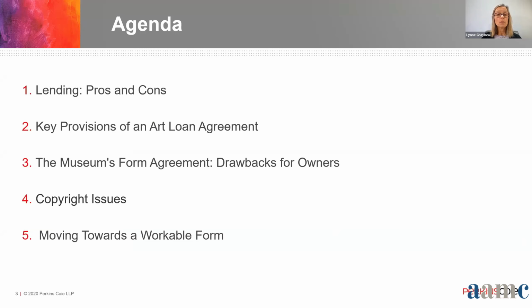We're also going to cover some copyright issues, including copyright basics and the use of images of a work as part of the publicity and promotion of an exhibition. And we also will talk, if we have time at the end, about moving to a more workable form, but we will work those issues into the discussion as we go along.